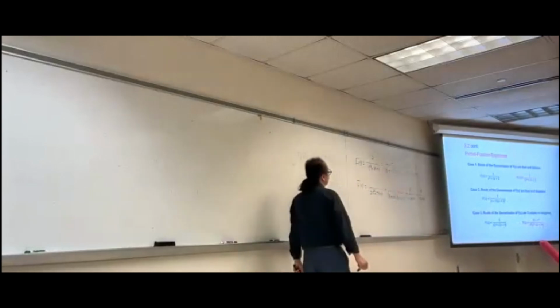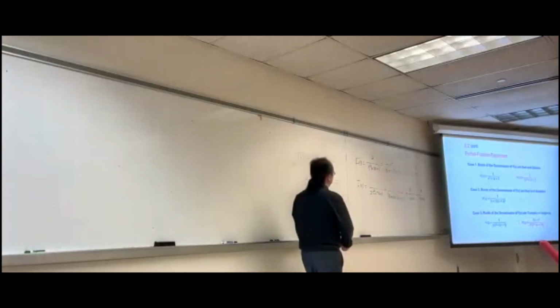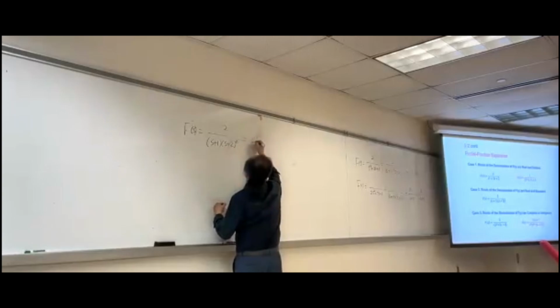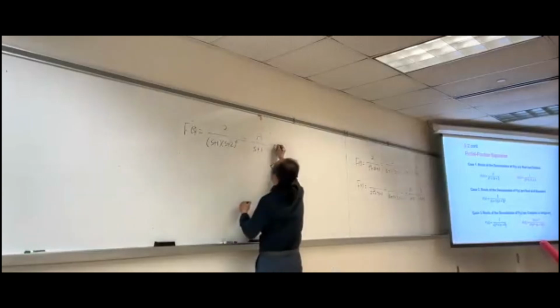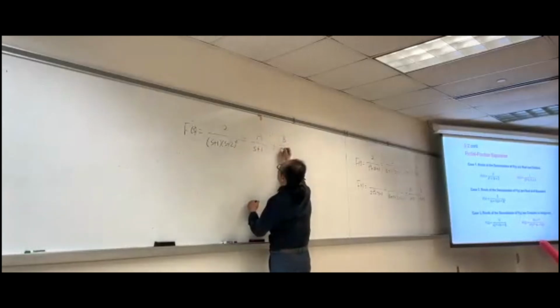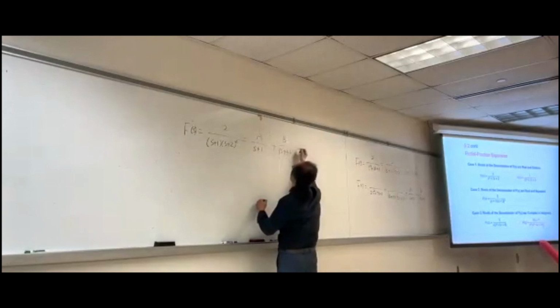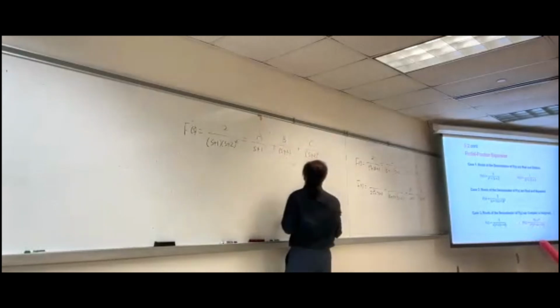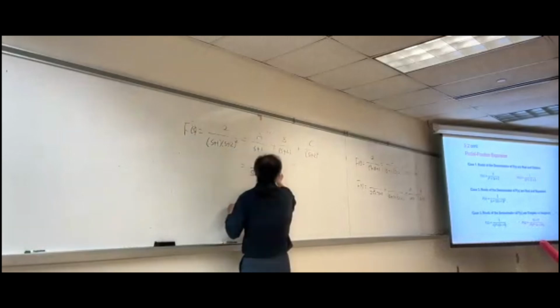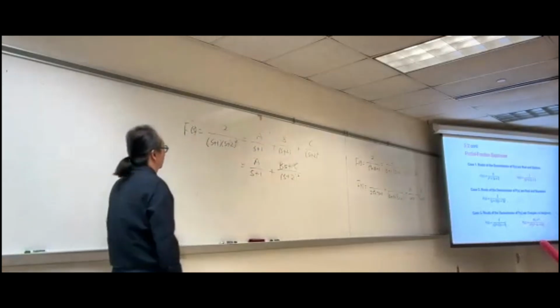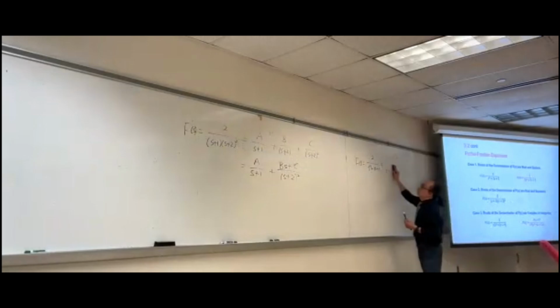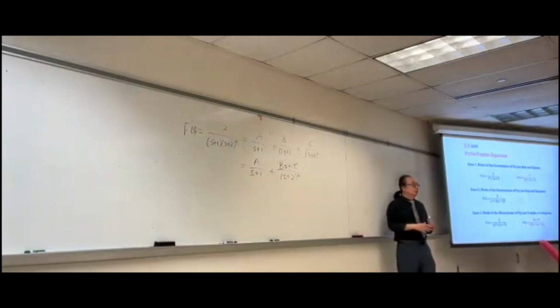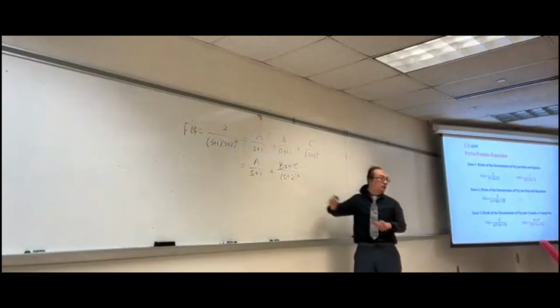Now in case number 2, there are repeated roots. It's going to be a over s plus 1 plus b over s plus 2 plus c over s plus 2 squared. You can also do, when we do this partial fraction expansion, the numerator always has to be 1 degree less than the denominator.